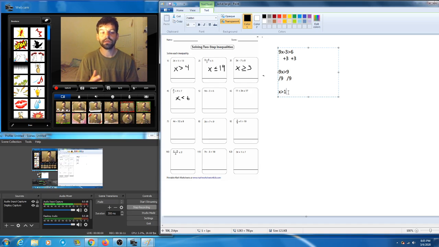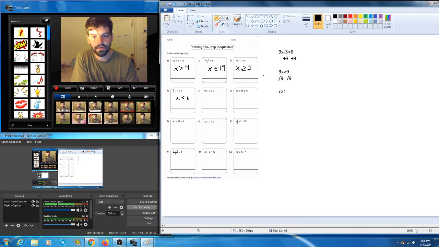The inequality sign will be oriented in the direction that it needs to be to fully represent what x is in relationship to the expression on the opposite side of the inequality. Okay? So number 5 is x is greater than 1. Alright, let's look at this next one here.